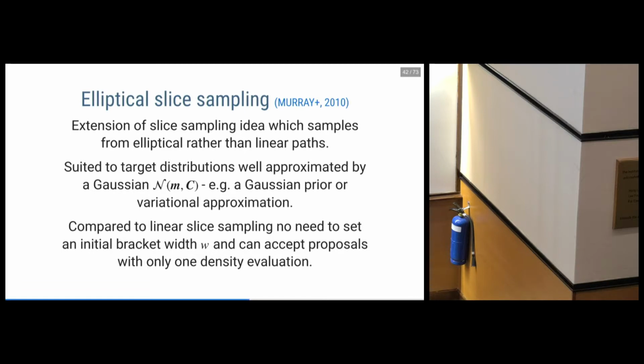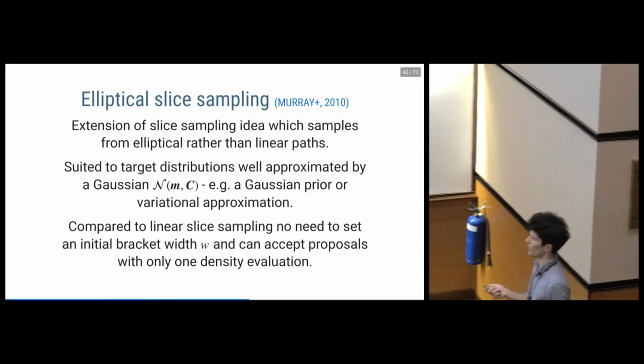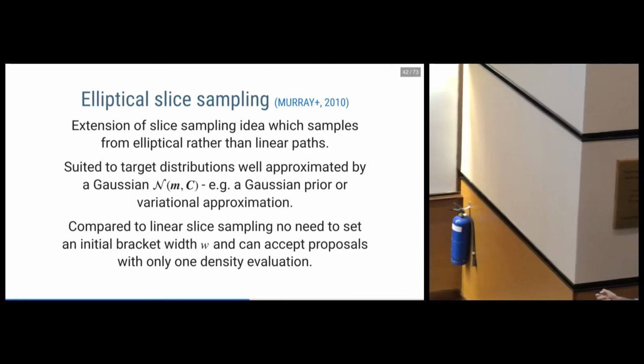So a nice thing about the elliptical slice sampling algorithm is that it eliminates even this initial bracket width parameter that I discussed in the linear slice sampling case. And it also has this nice property.